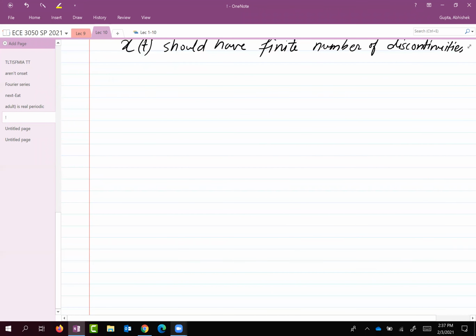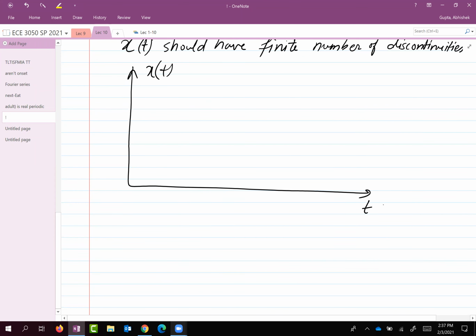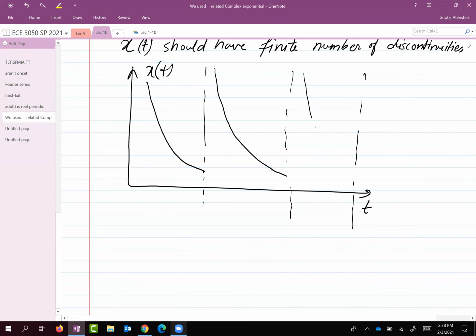Okay, so let's look at periodic signals that violate condition 1. This signal violates condition 1 because, this is the periodicity, and your signal looks like this.